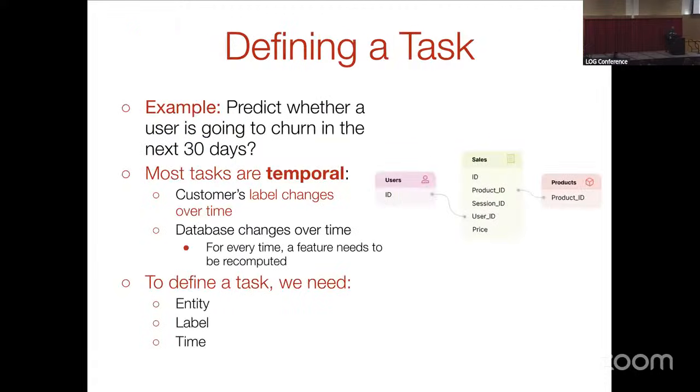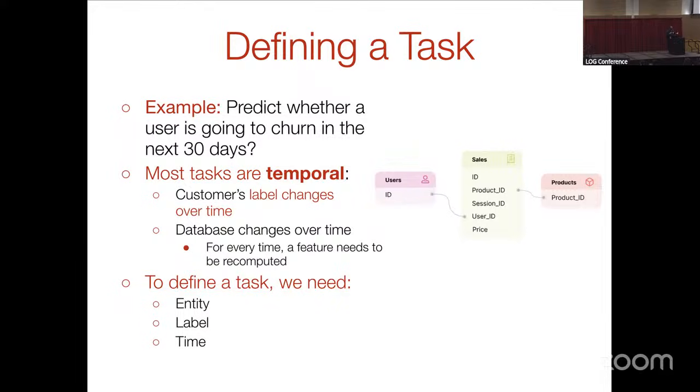So again, the idea is that we are interested in user churn or user activity, predicting user activity in the next 30 days or in the next month. And what is super important when it comes to such tasks is the fact that they are temporal. In other words, time is a first-class citizen both for relational databases and also for predictive tasks on relational databases.